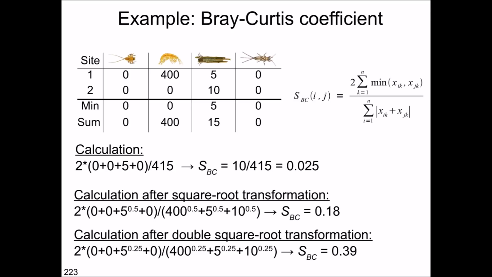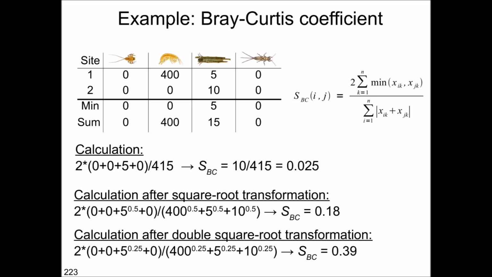So as an example, we calculate the Bray-Curtis coefficient without any data transformation before. And you see in the first case we have a Bray-Curtis similarity of 0.025.